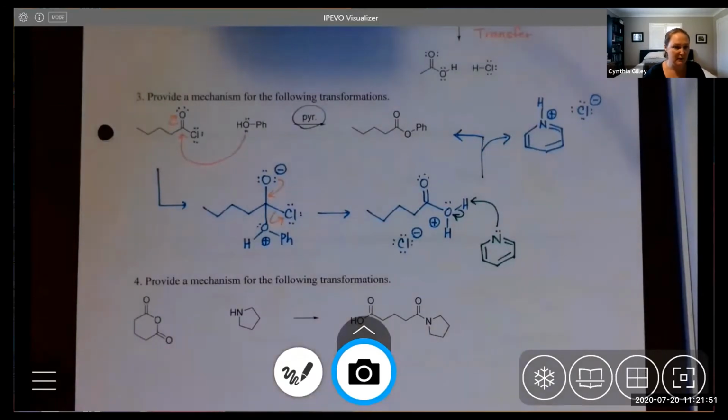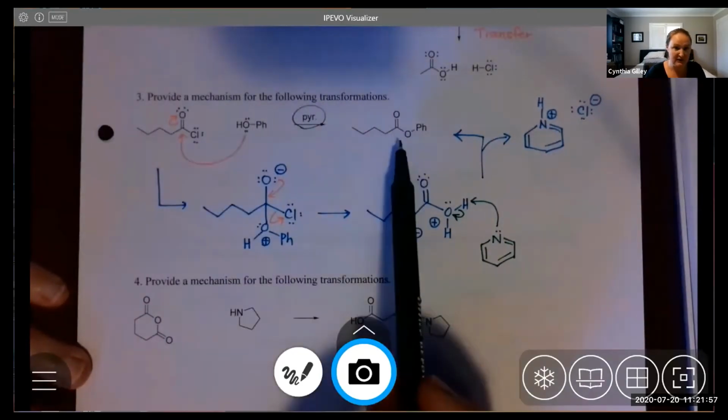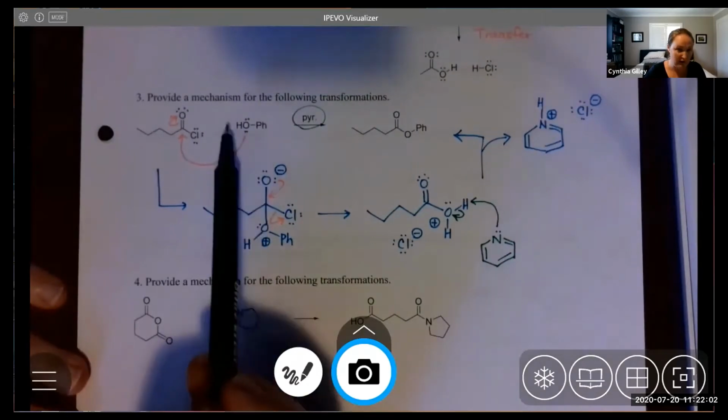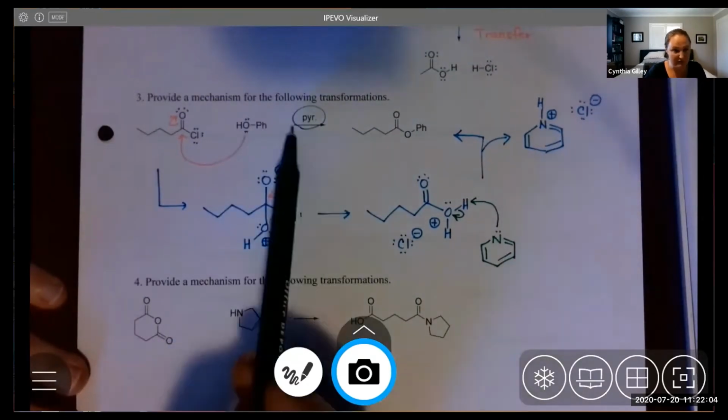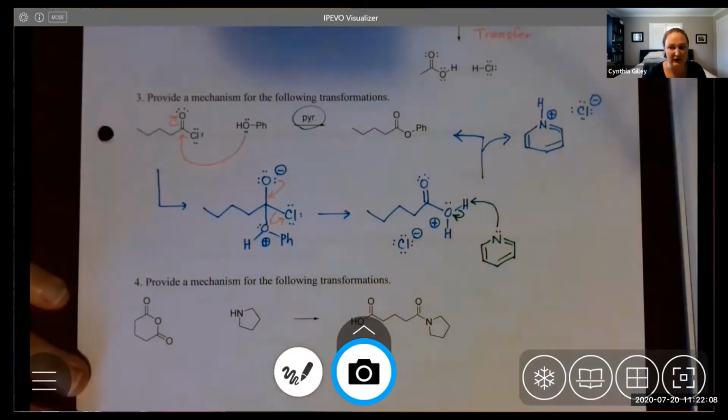Okay, so overall, what did we do here? We affected the transformation of an acid chloride to an ester, right? And all we had to do was add the alcohol, and it's optional to add in pyridine. So again, if you don't add in pyridine, you're going to get some HCl byproduct, which may or may not be a problem, right?